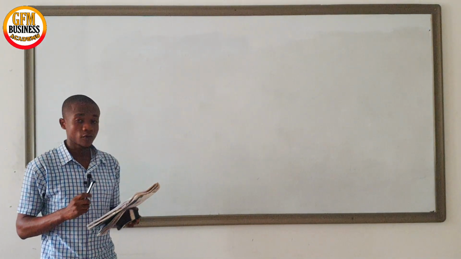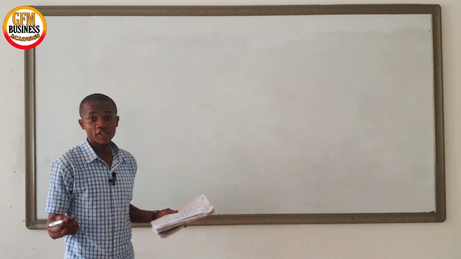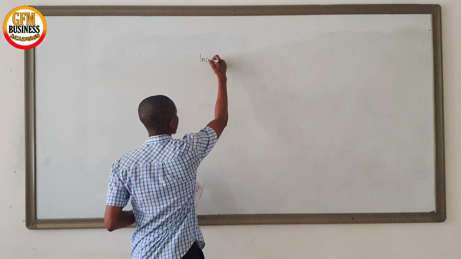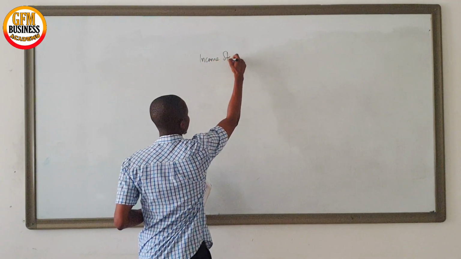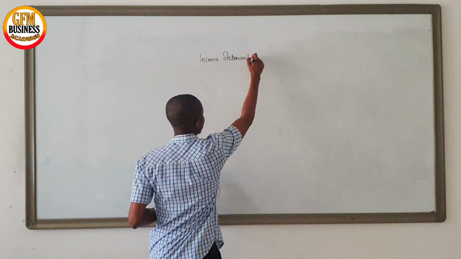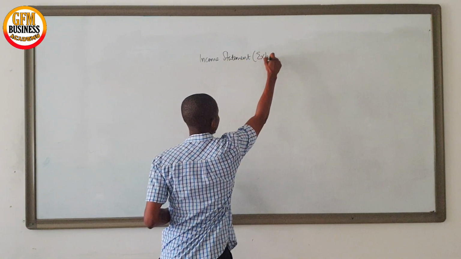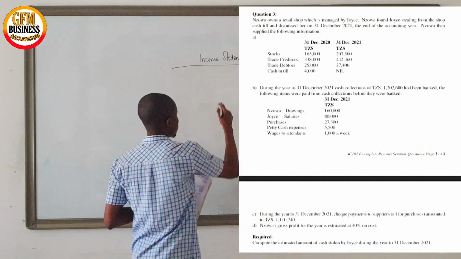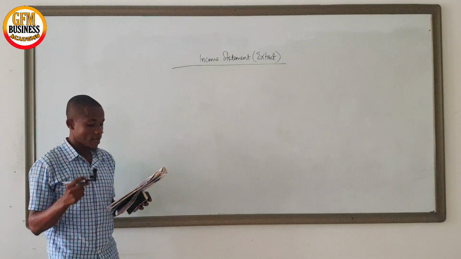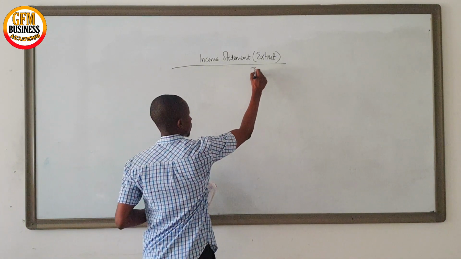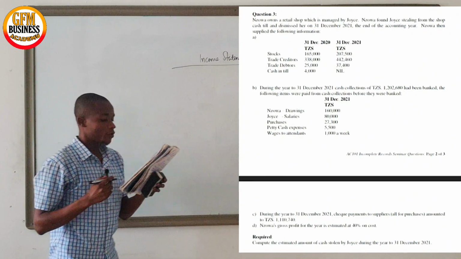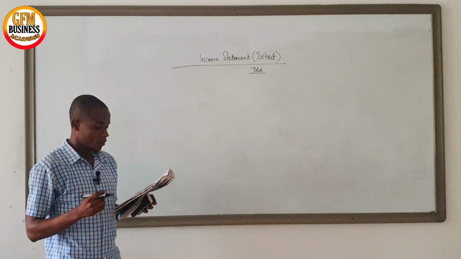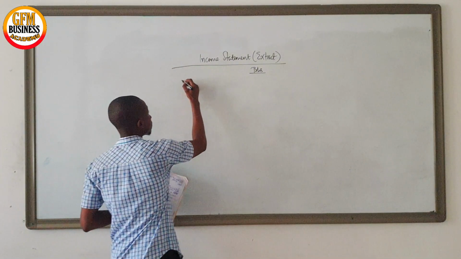How do you find cost of goods sold? You just prepare an income statement, an extract of it. You start with opening stock.